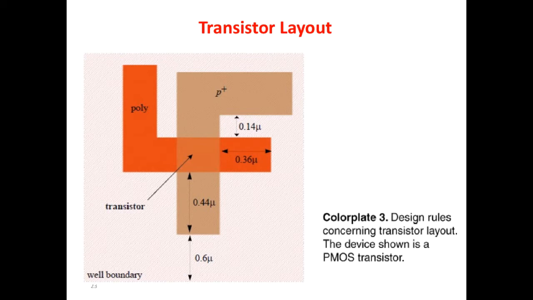For example, in this case, we have the poly layer, which in a transistor defines the gate, and the P plus region, which in a transistor defines the source and drain.